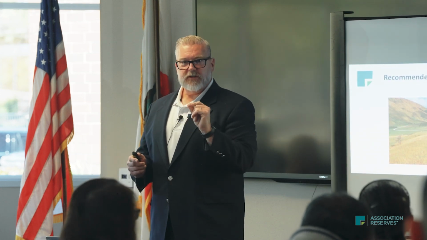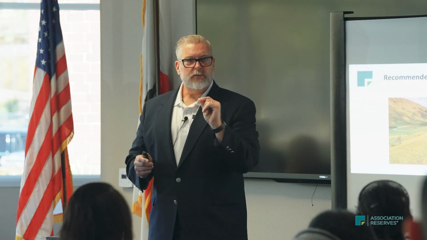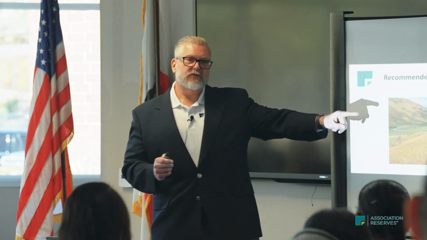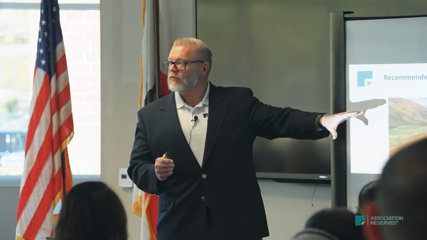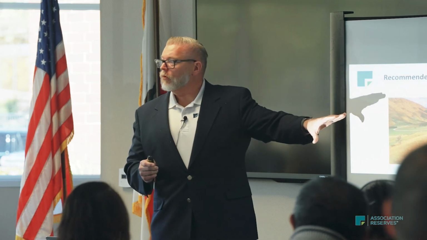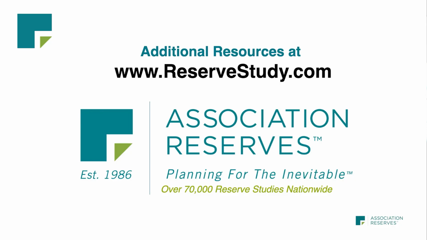For some reason, the magic number is $20. At $20, people get really mad. So if you could do this for 3 years, all of a sudden dues have gone up and your reserve contribution's gone up $30. That's an enormous increase and you won't get the pushback. So as board members, really consider that $10 solution.